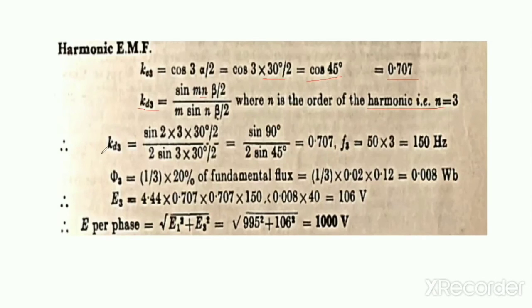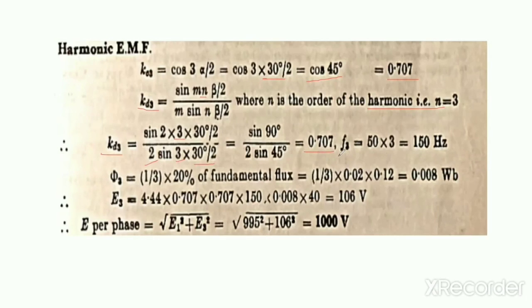And then we substitute all the values in this formula. Kd3 is equal to sin of m, which is 2, and n, the order of the harmonic, that is 3, into beta, where beta is 30 degrees, by 2, divided by m, 2, sin of n, that is 3, and beta, that is 30, by 2.